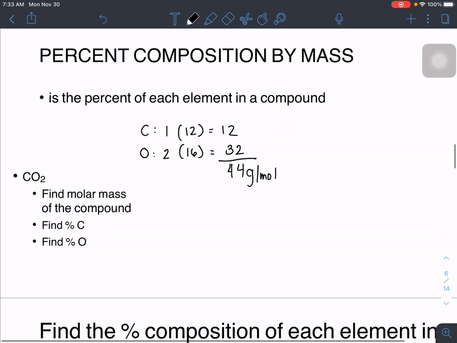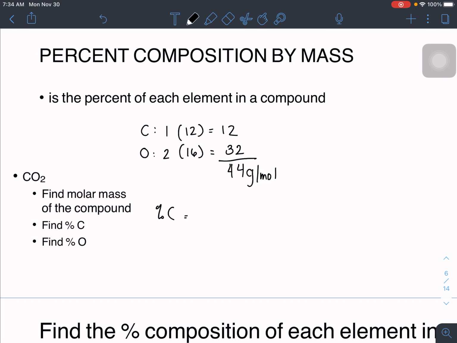Now let's find out the percentage carbon and the percentage oxygen. The percentage carbon, this is percentage by mass, is equal to the number of atoms of carbon present in carbon dioxide.